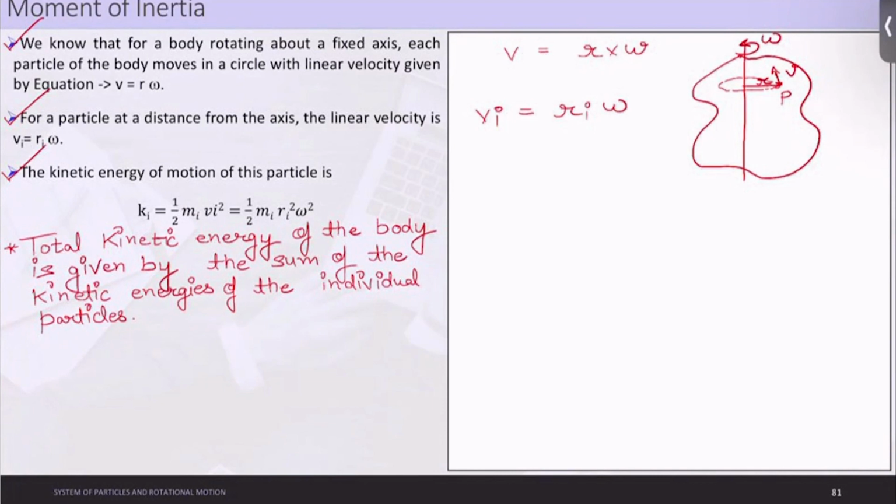So we can write the total kinetic energy K as the summation of Ki, where i is from 1 to n, which is equal to half summation mi ri square omega square.